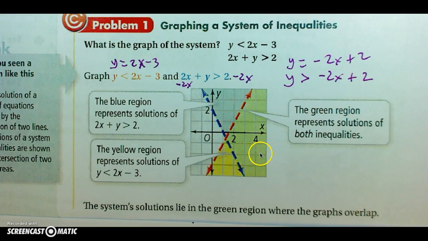So this whole side is shaded blue. And when you take blue and yellow and mix it, you can see it becomes green. That's what the coloring in the picture is telling you. This green is where you have yellow and blue, so these points satisfy both inequalities. The solutions of the system lie in the green region where the graphs overlap.